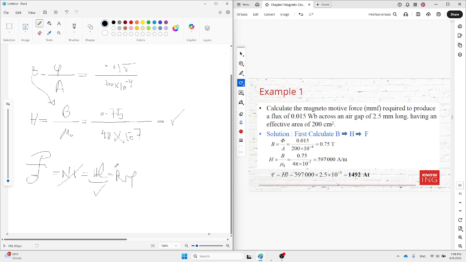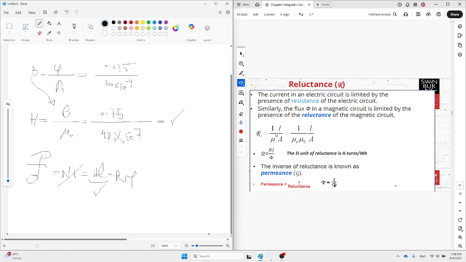What about the reluctance? Can we calculate the reluctance? Yes, we can, using this formula: 1 over mu 0 times L over A. Then the phi is also given.